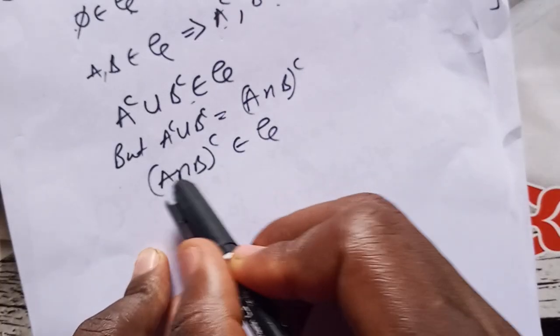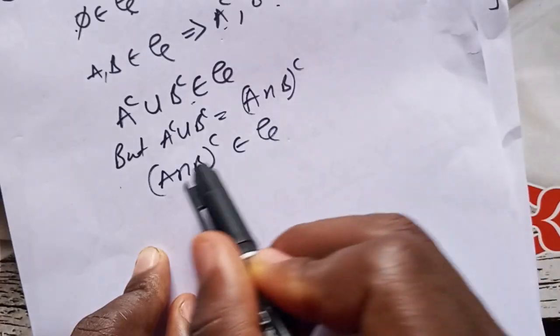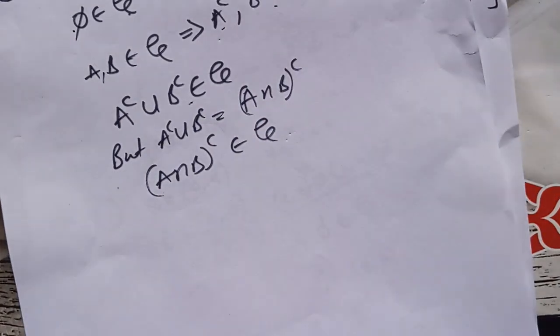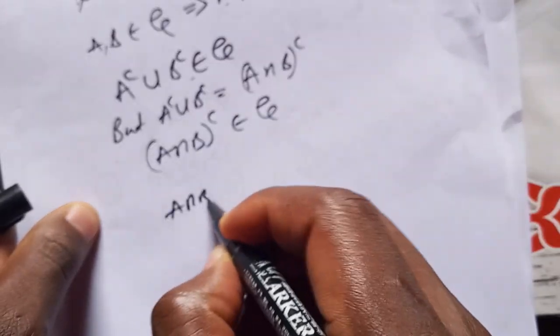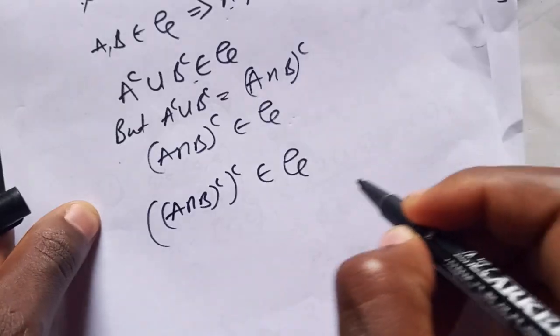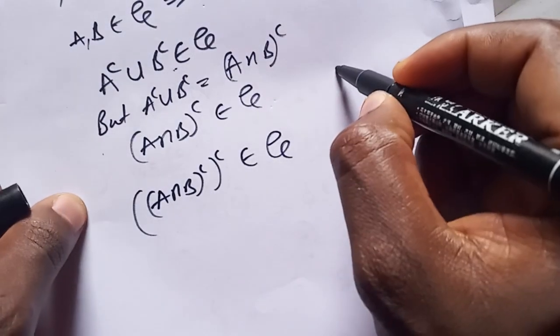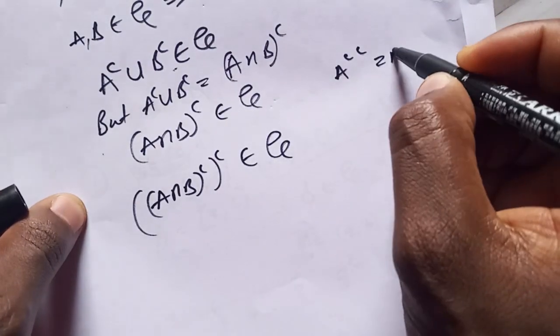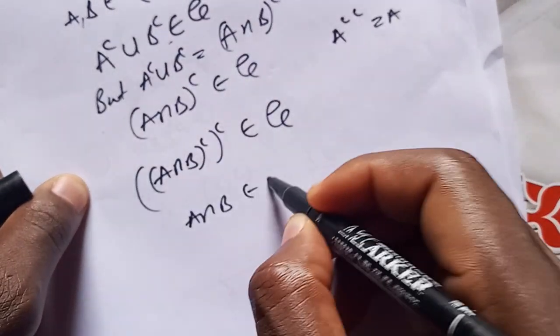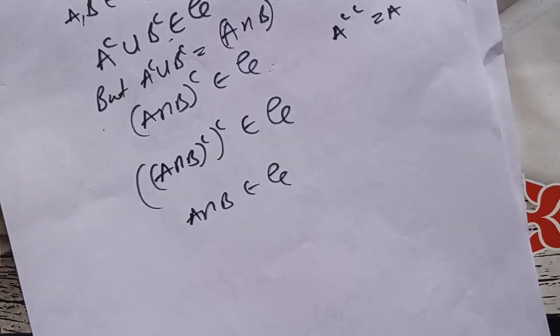So if this thing you are seeing here is in this algebra, then the complement of this thing is also in the algebra. So this means that the complement of the complement of A intersect B is also in the algebra. Now whenever you have the complement of a complement, this is the same thing as the set itself in set theory, so therefore A intersect B is in the algebra.